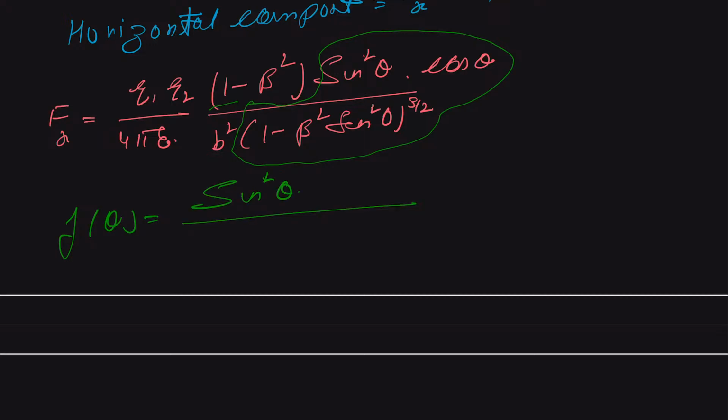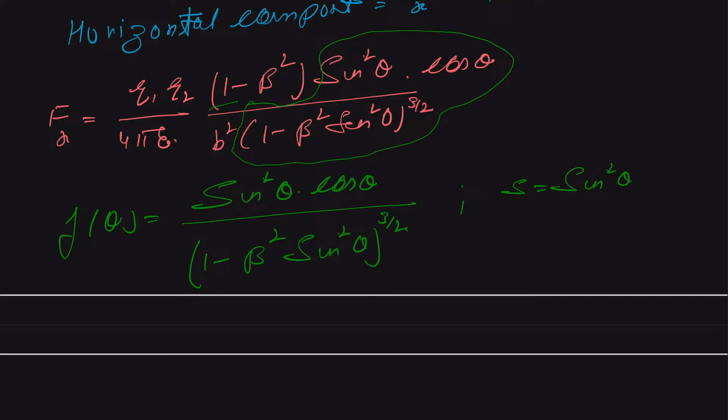It comes as sine square theta cos of theta over 1 minus beta square sine square theta, all raised to 3 by 2. But in this equation we have two variables, sine as well as cos. So we are going to convert this into one variable. And for that, let S be equal to sine square theta.